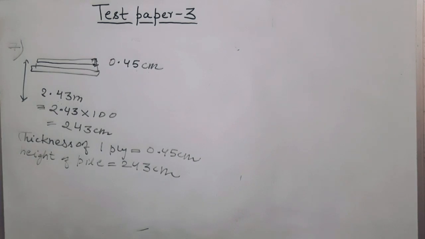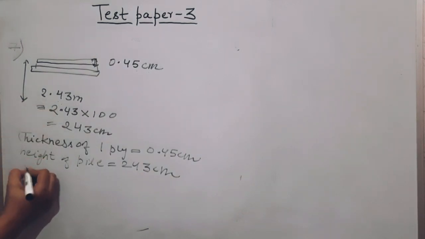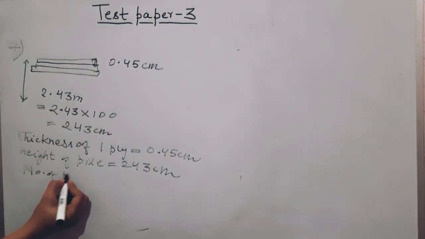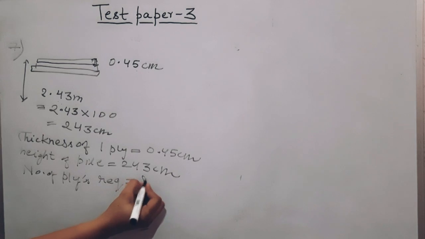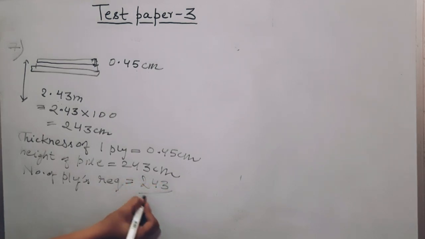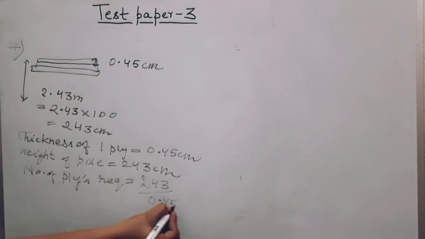Now what we have to do? We have to find out the number of plies required. कितने ply लगेंगे pile बनाने के लिए? Number of plies required for that 243 will be divided by 0.45. Right? 243 will be divided by 0.45.